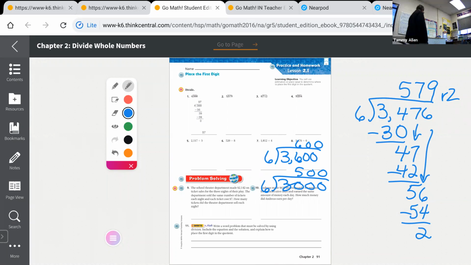All right. So, for today, it's Friday. It is Friday. Let's look at page 93. The big book.